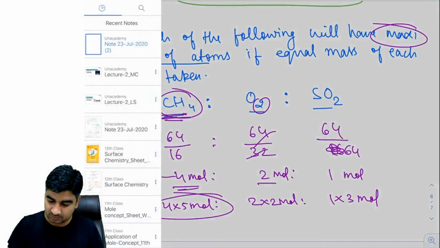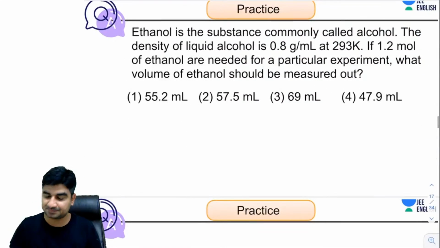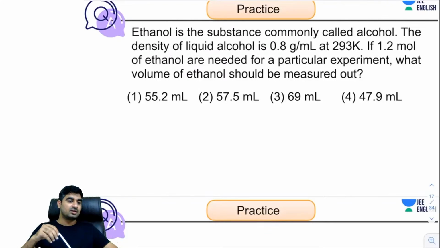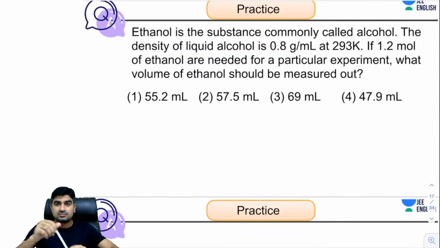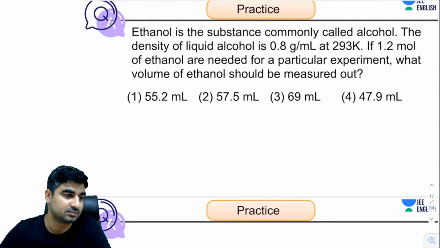So let's solve one more problem. Do it. Ethanol is the substance commonly called alcohol, and the density of liquid alcohol is 0.8 gram per ml. No, it is wrong.